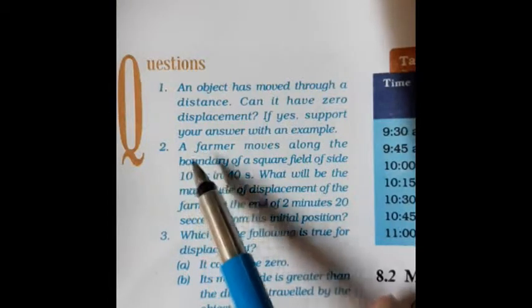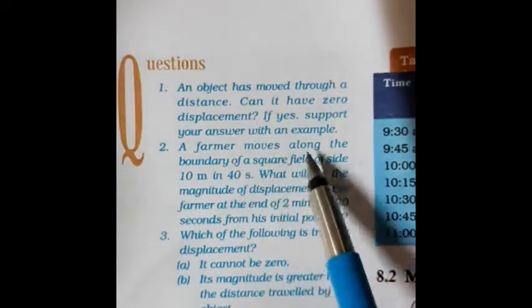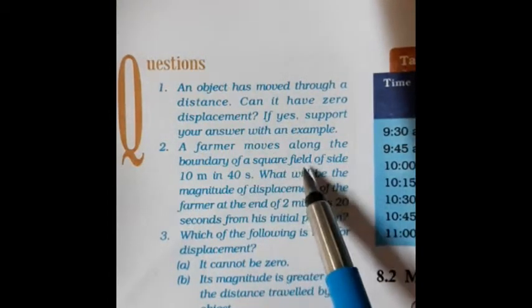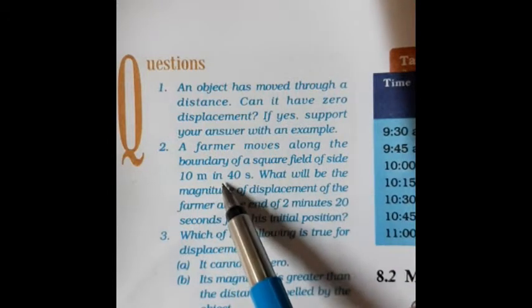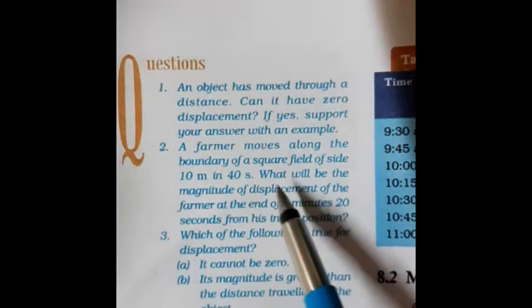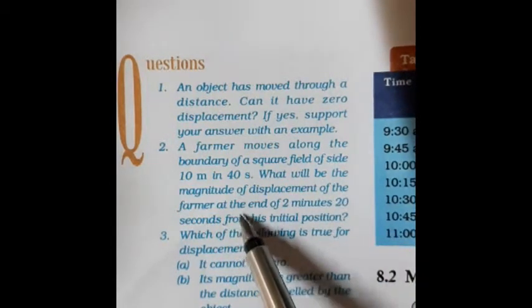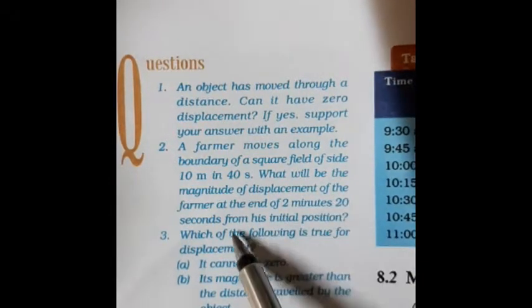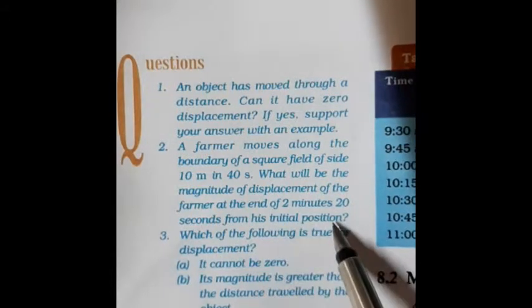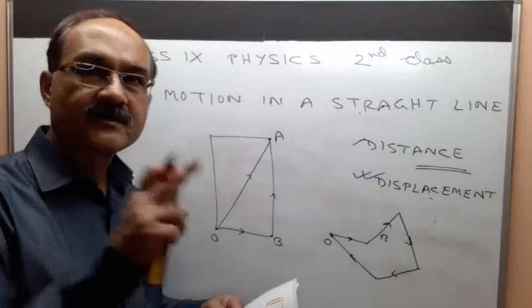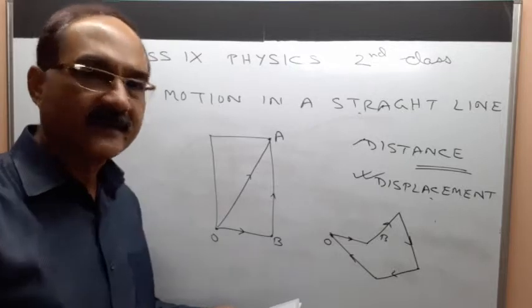Second question is, a farmer moves along the boundary of a square field of side 10 meter in 40 seconds. What will be the magnitude of displacement of the farmer at the end of 2 minutes 20 seconds from its initial position? It says the farmer moves along the sides of a square field.